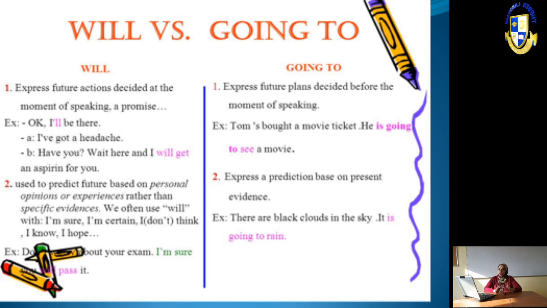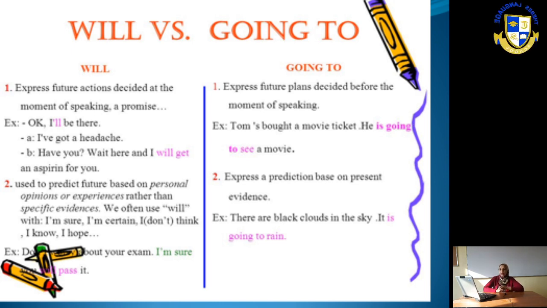So this is your opinion and you are going to talk to me according to this. So you are going to say, I think, or I believe, or I'm not sure. You are going to use these expressions while expressing the future or the prediction that you are going to say.